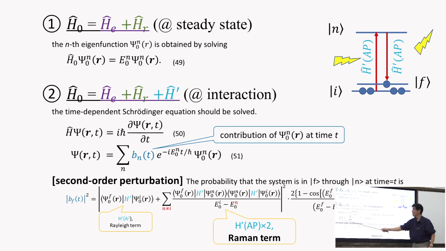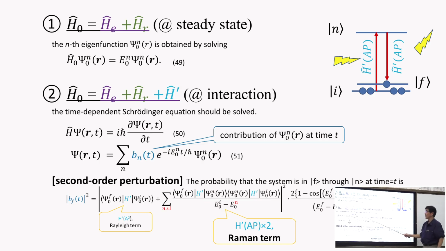And this wave function should be described by using psi 0 and r. Okay? And the contribution of each wave function in the steady state should be summed up.